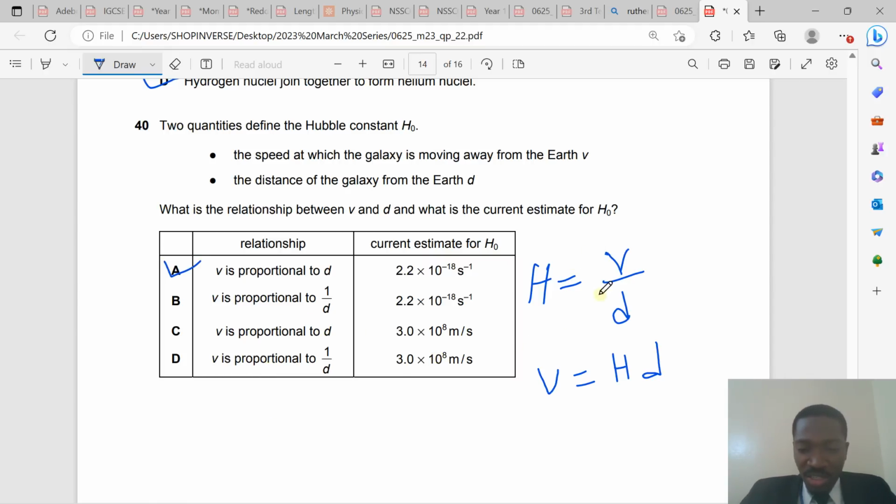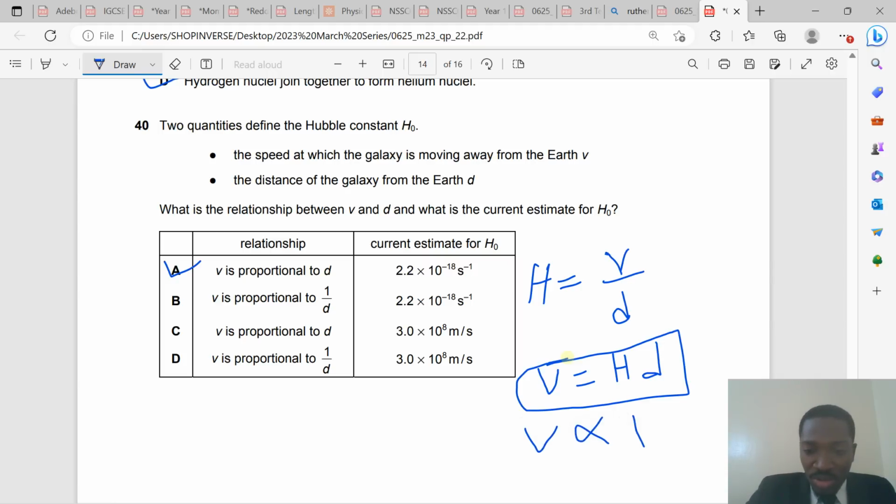From this relationship, we can see that the speed is proportional to the distance, because Hubble's constant is the constant of proportionality, and Hubble's constant can definitely not be the speed of light. That makes this the correct estimate of Hubble's constant.